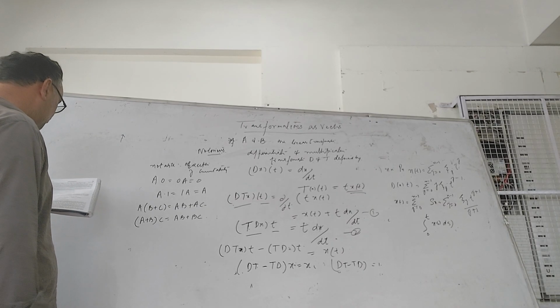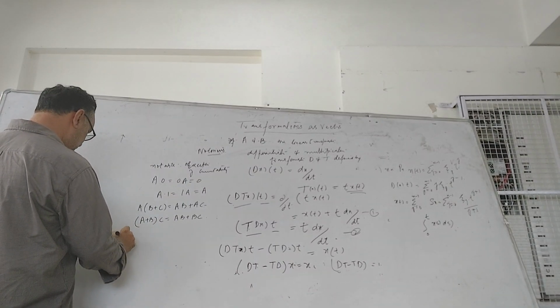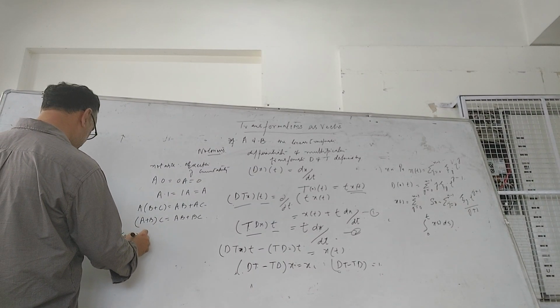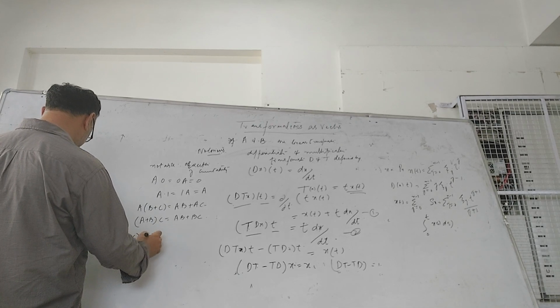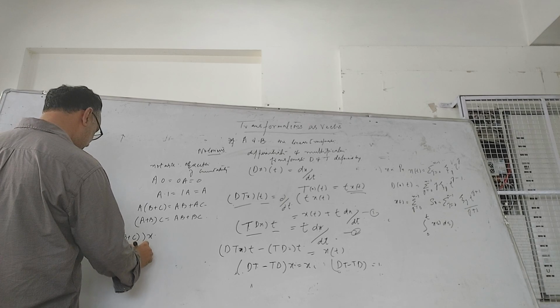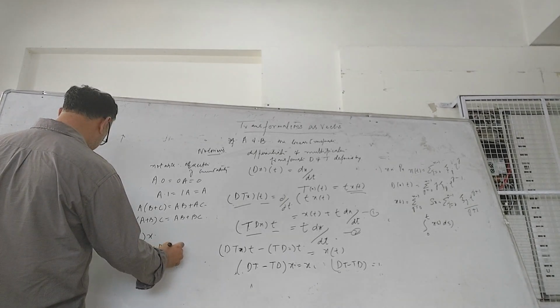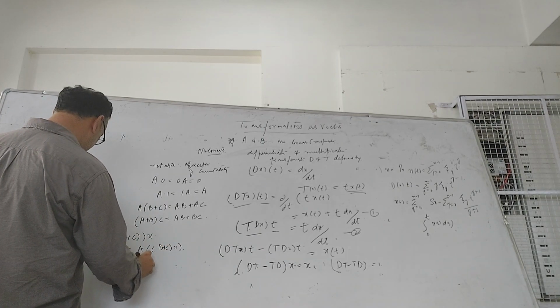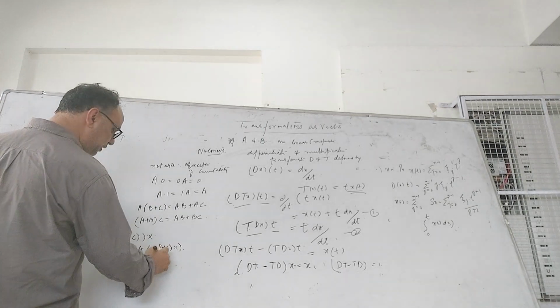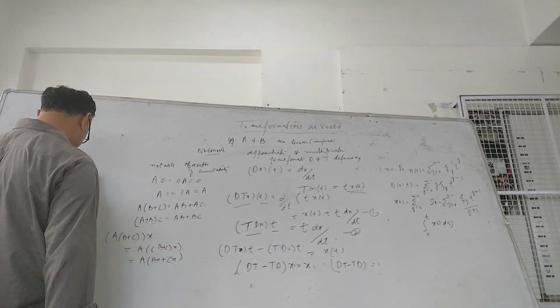So now, one of the properties he has tried to identify is, for example, A into (B plus C) into X can be written as A into B plus C into X. So it will be A times, first we would do (B into X plus C into X).